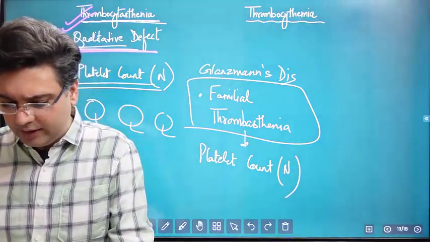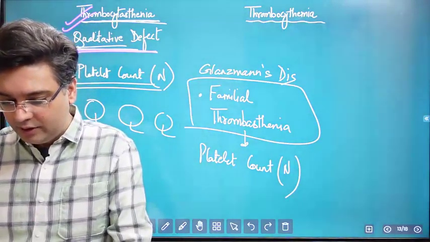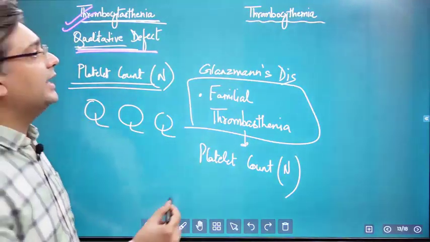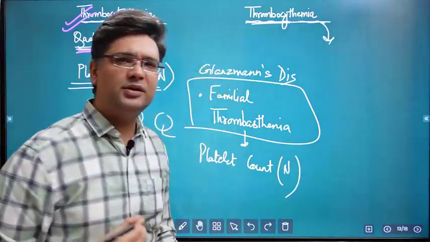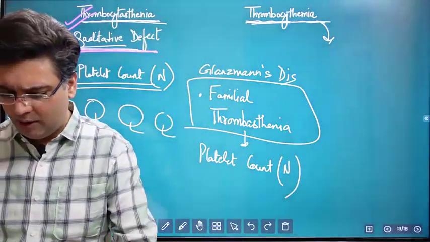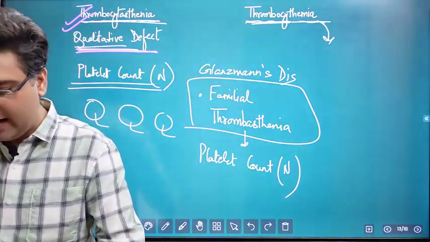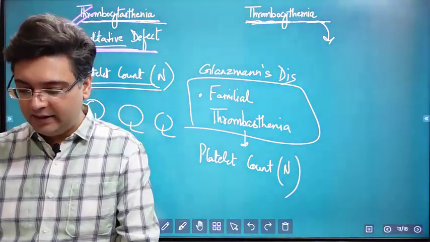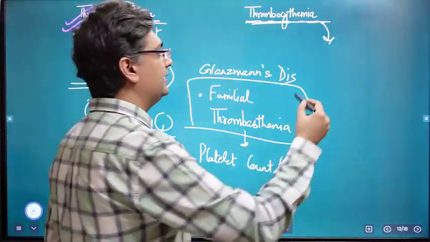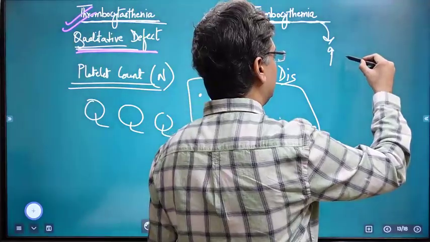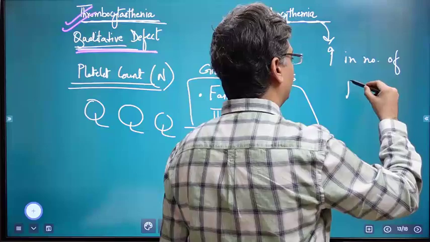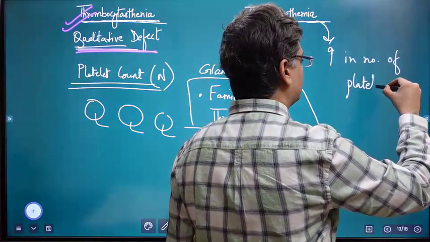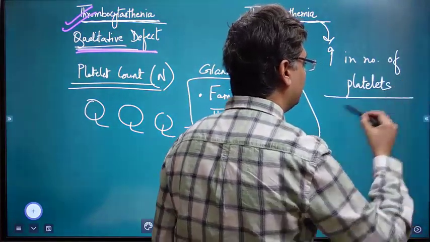Next, we are talking about thrombocythemia, and thrombocythemia is just the opposite condition. Here it signifies an increase in the number of platelets in the circulation.